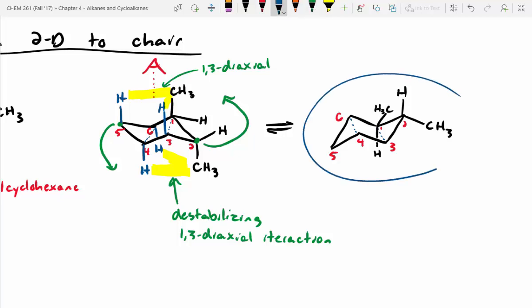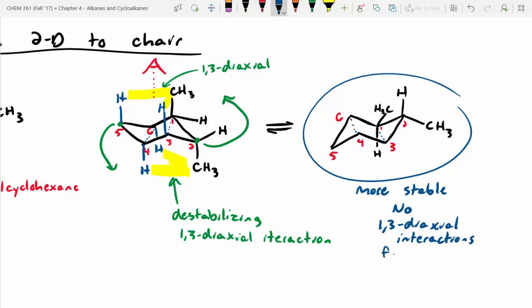So for example, this one is more stable because there are no 1,3 diaxial interactions for the methyls.